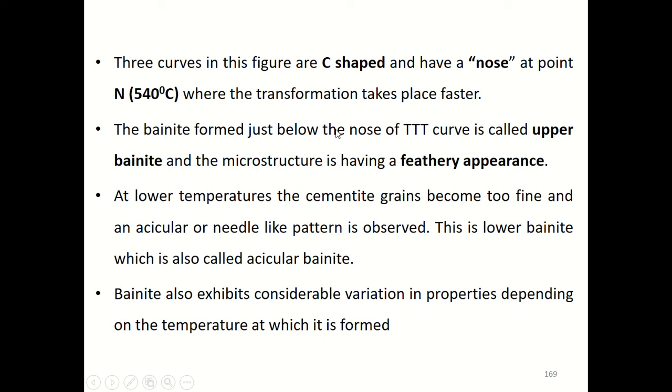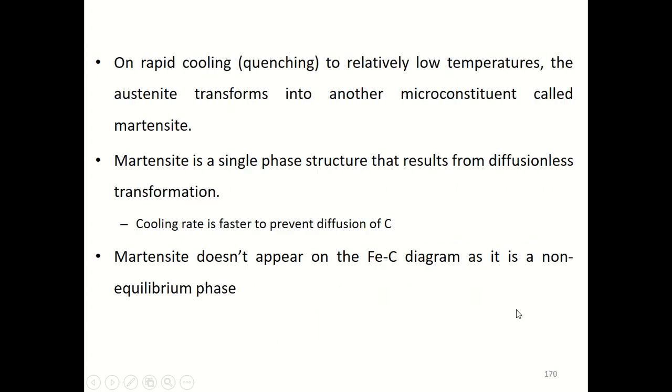The bainite formed just below the nose of the TTT curve is called upper bainite, and its microstructure has a feathery appearance. At lower temperatures, the cementite grains become too fine and an acicular or needle-like pattern is observed. This is lower bainite and is also called acicular bainite. Bainite also exhibits considerable variation in properties depending on the temperature at which it is formed.